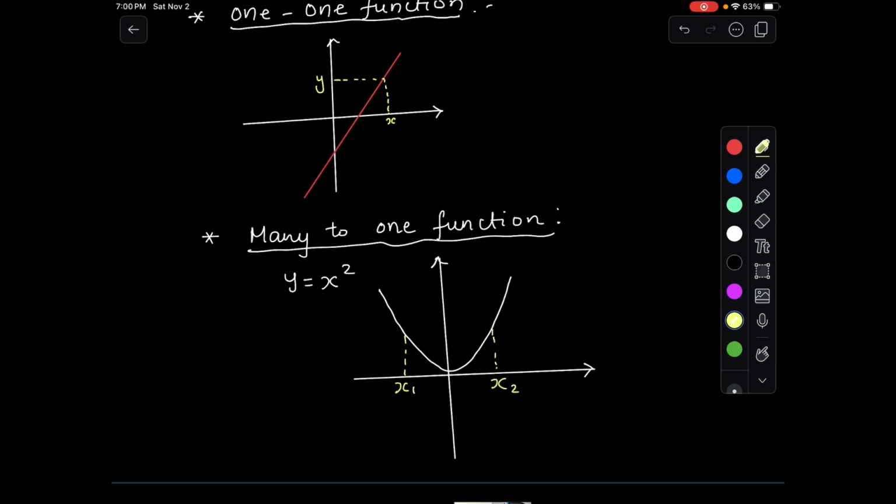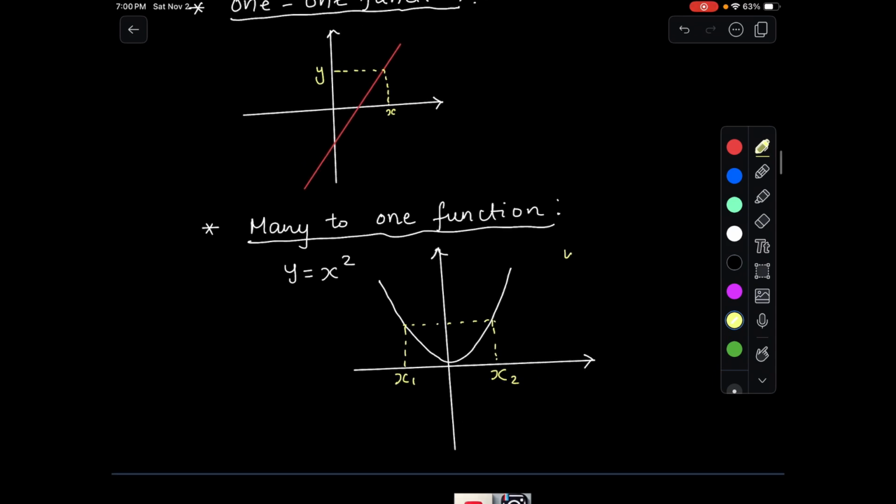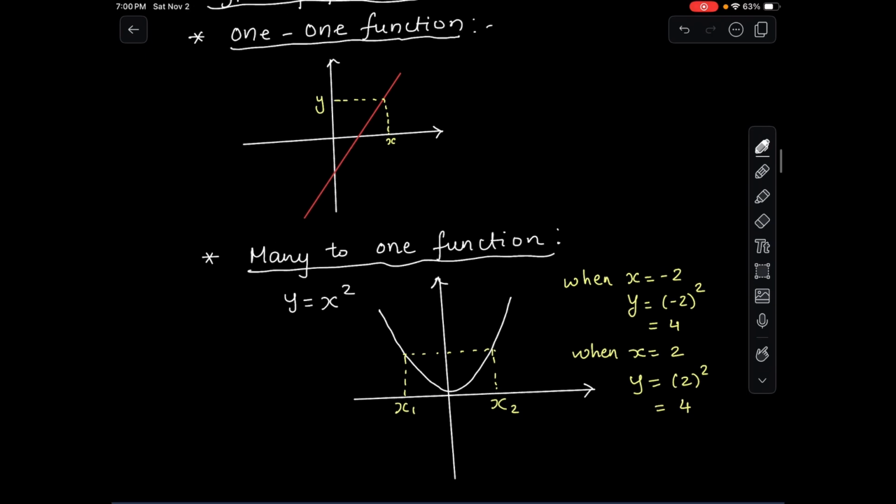So every input will have one output. So many inputs, like over here x1 and x2, are having the same output. The example of this would be when x is -2, y would be -2 squared, which is 4. When x is 2, y would be 2 squared, which is again 4. So many inputs having the same output. This is a many-to-one function.